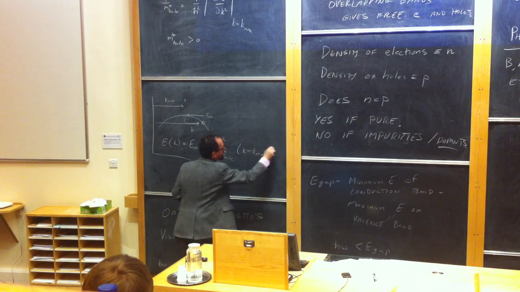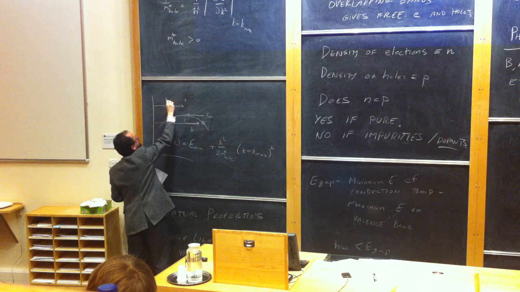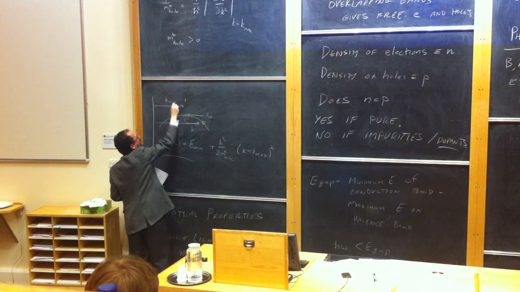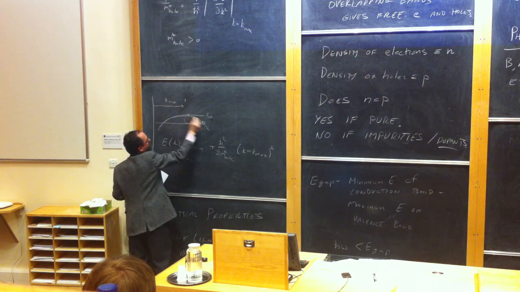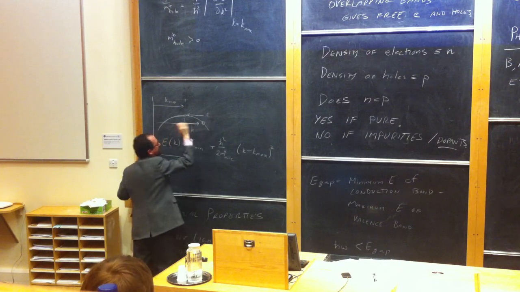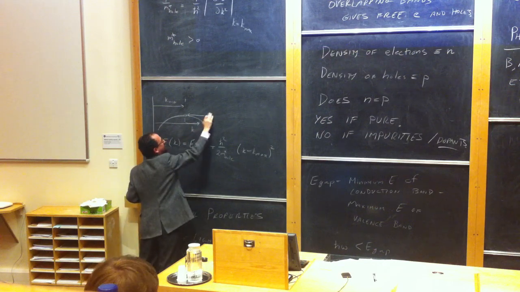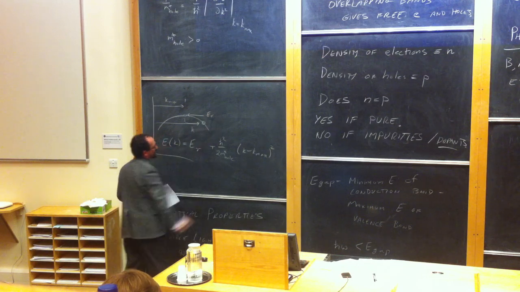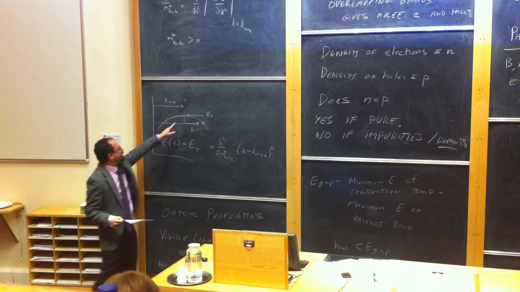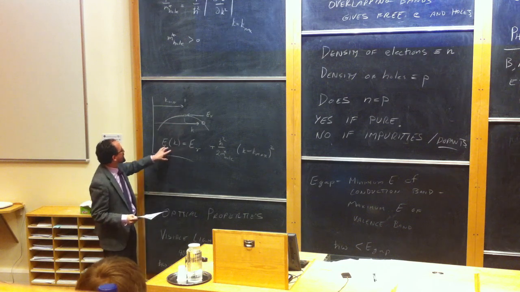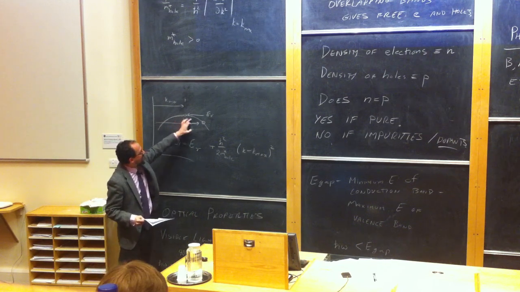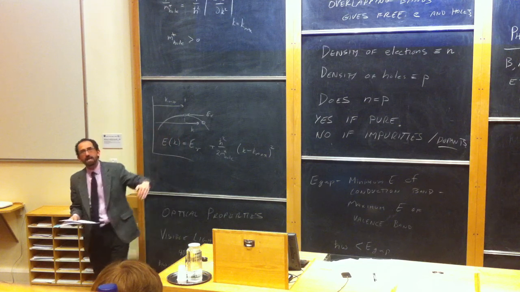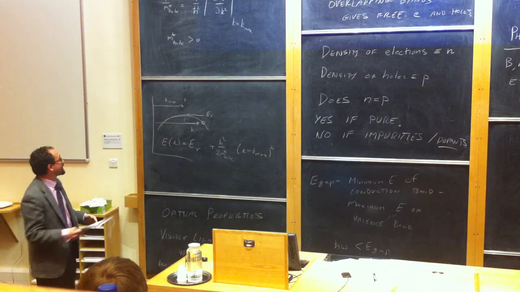I meant k max. This should be called k max, because it's the maximum energy in the valence band. Oh my gosh, now I'm getting confused. Maybe I'll call it E valence, the energy at the top of the valence band. That'll make my life easier. So the amount of energy that this hole has actually increases as you push it down into the valence band.